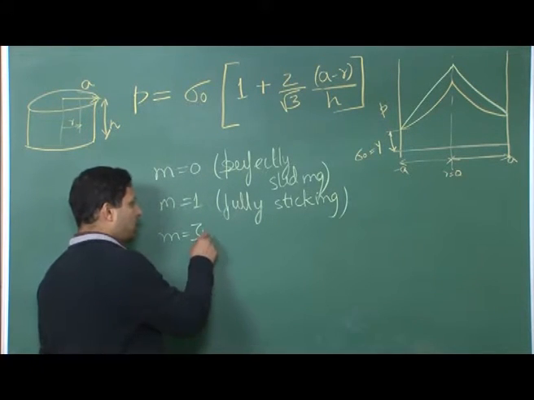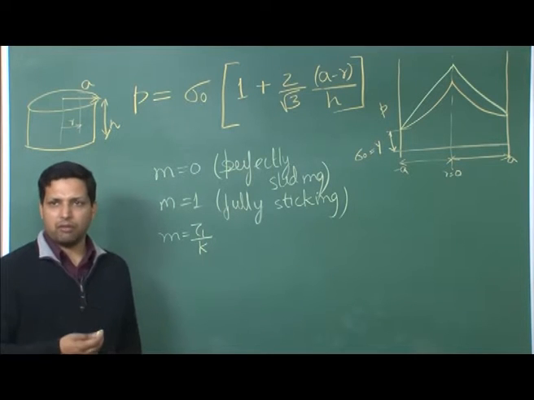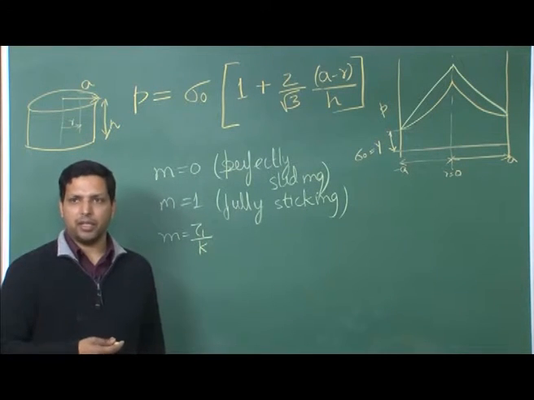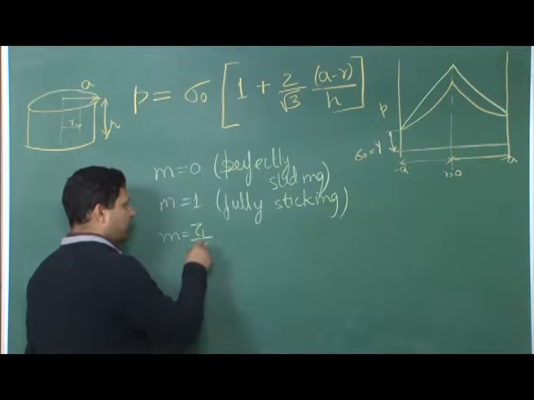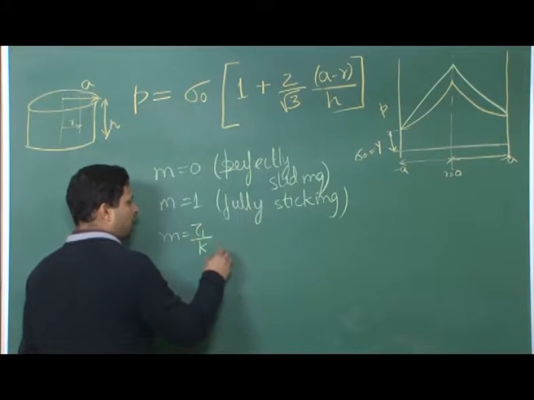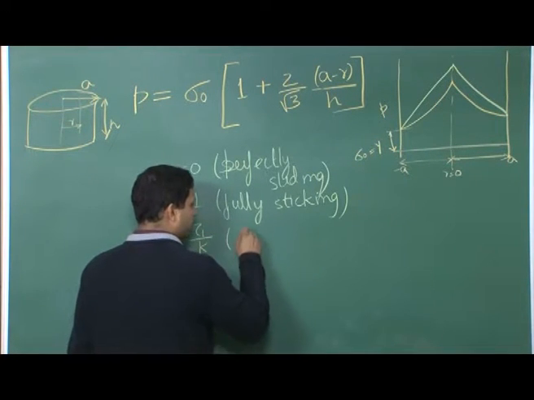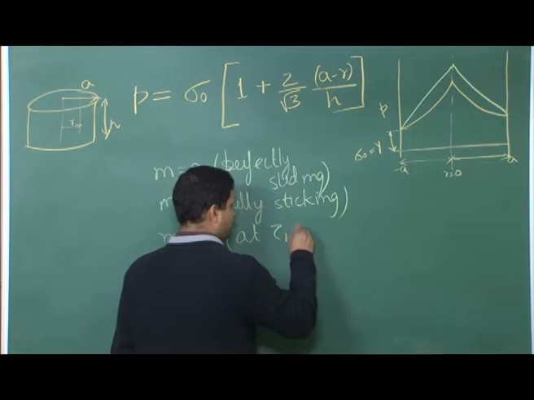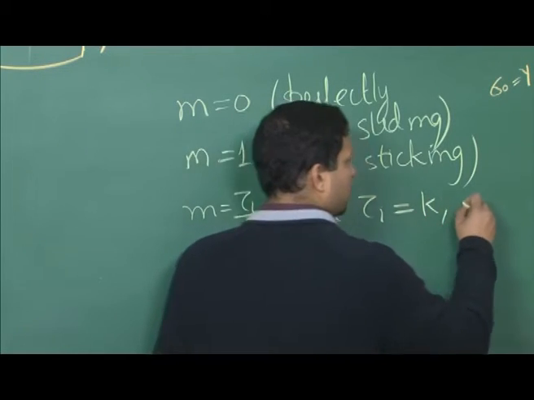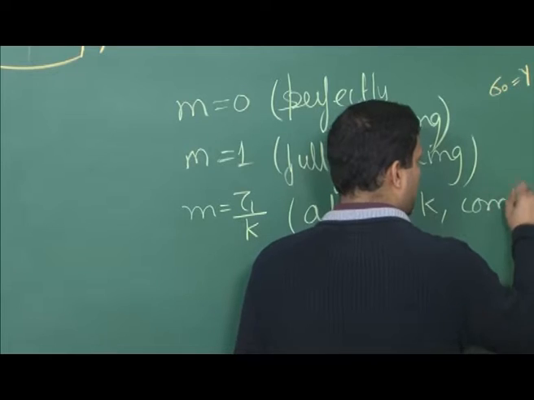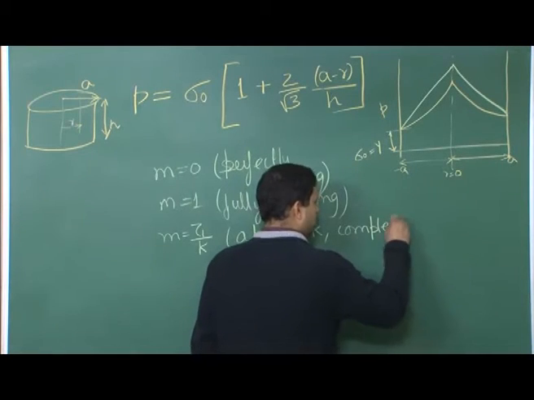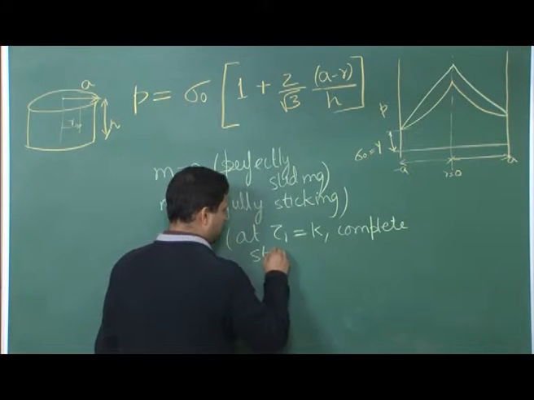The maximum value of tau I will be k, which is the yield shear strength, and if tau I reaches k, then it means complete sticking and deformation starts to take place.